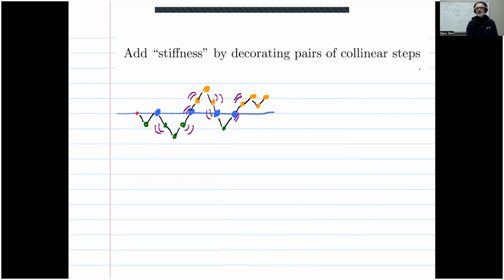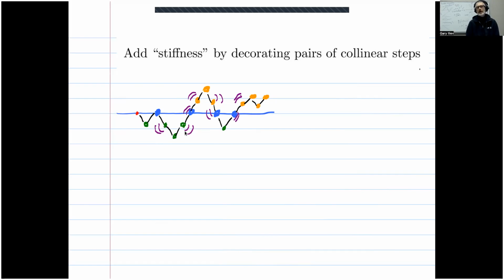But what happens if I add, say, stiffness to this model? The way that I'm going to include stiffness is by looking at my walk, and anytime my walk has a pair of collinear nearest neighbor steps, so in here it goes down, down, or it goes up, up, up, up, so there are 4 collinear steps.